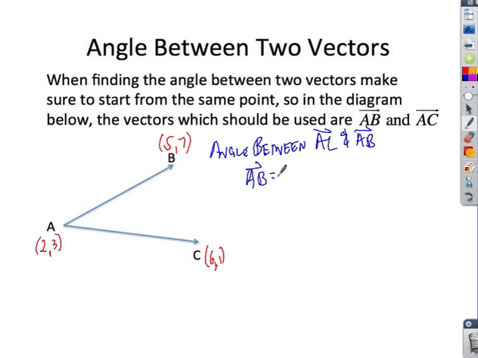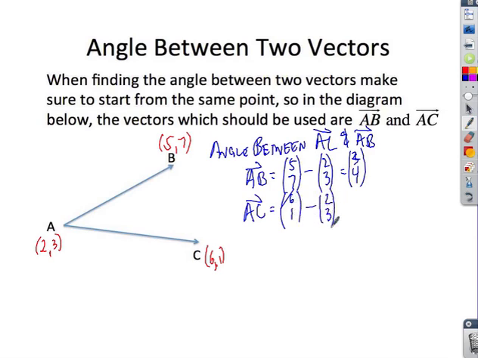Vector AB, again using our OB minus OA calculation, is going to be 5, 7 minus 2, 3, and that's going to be 3, 4, like that. And then vector AC is going to be, again, 6, 1 minus 2, 3, and that would give the vector 4, negative 2.